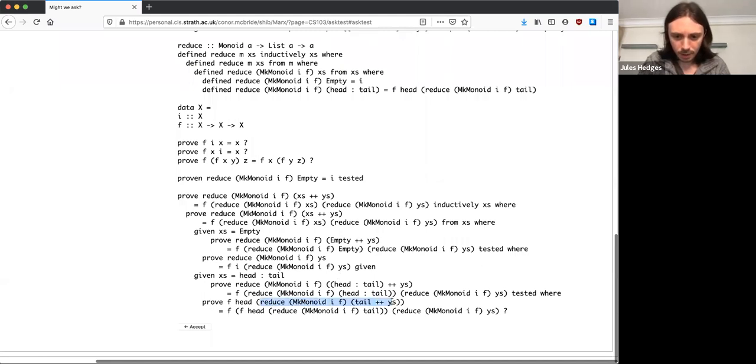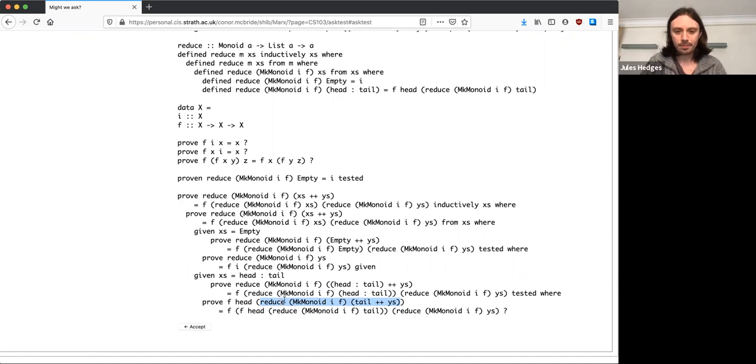Now, if you look here, the left-hand side of this equation contains something that looks like one side of our inductive hypothesis. So this is like the thing that we're trying to prove, only with xs replaced with tail, which is smaller. So what we can do is go by root of this thing, but with this part replaced with the right-hand side of the inductive hypothesis.